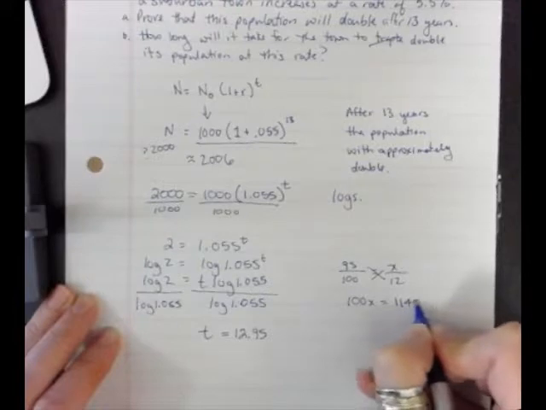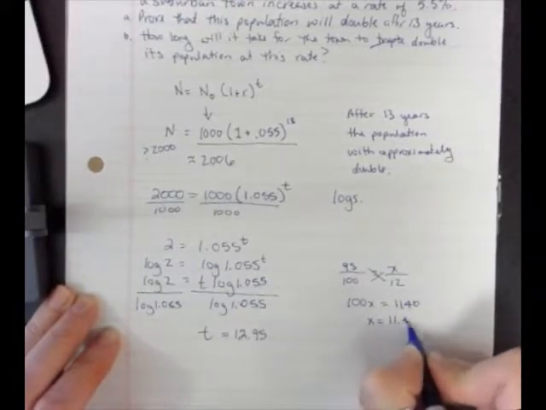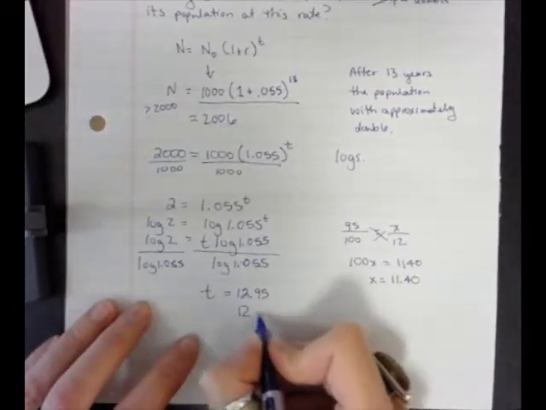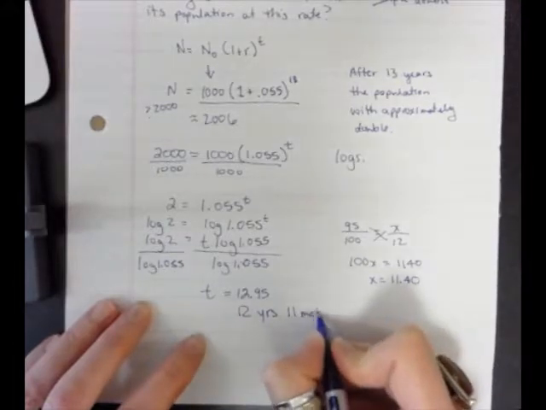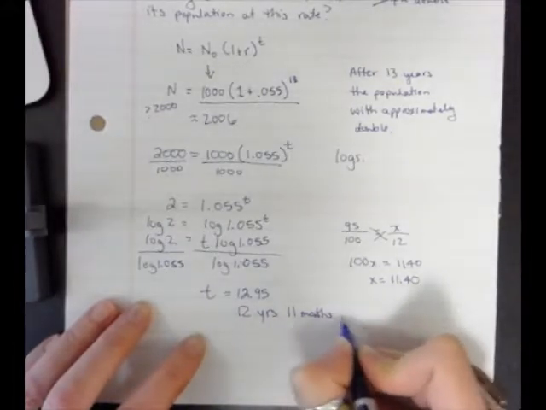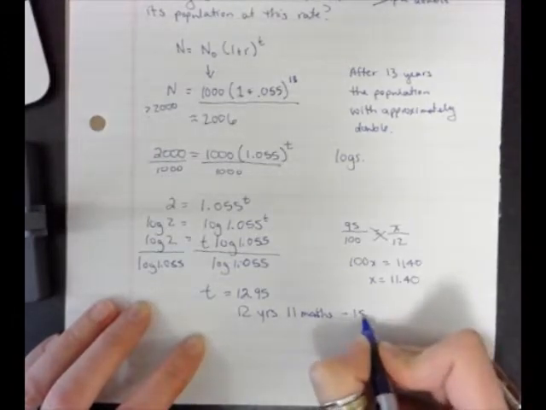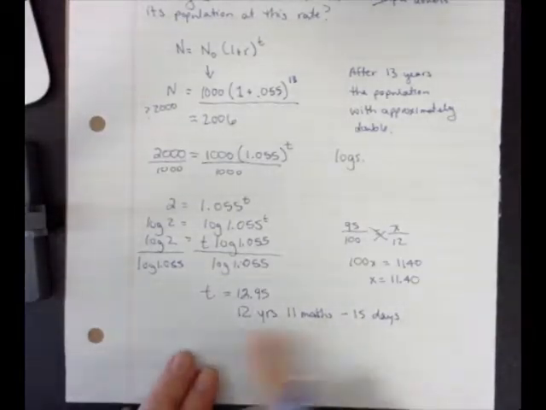So x equals 11.40 months. So it's going to take 12 years, 11 months, and approximately half the year, so approximately 15 days, maybe a little less than that. And so that's the exact when it's going to double.